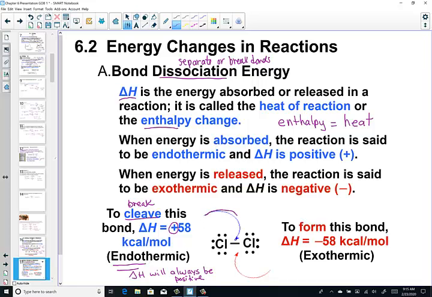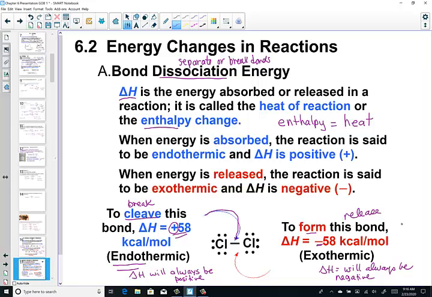And notice this is just pointing to the breaking of the bond. To break the bond requires energy. Now, opposite of that, to form the bond releases energy. Delta H will always be negative. And that's true every time you have an exothermic reaction. The heat of reaction is releasing energy. To release energy, think of it as a product on the right side of the arrow. It's coming out of the reaction.